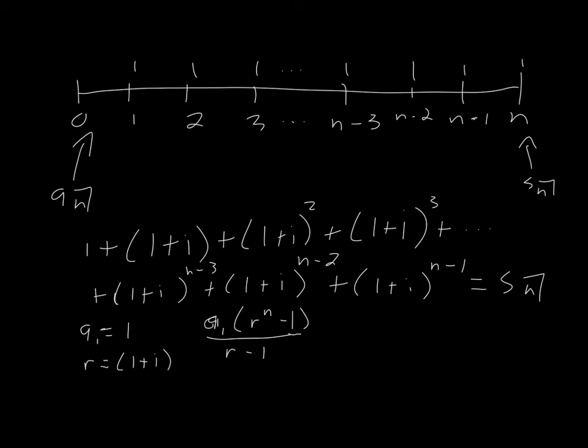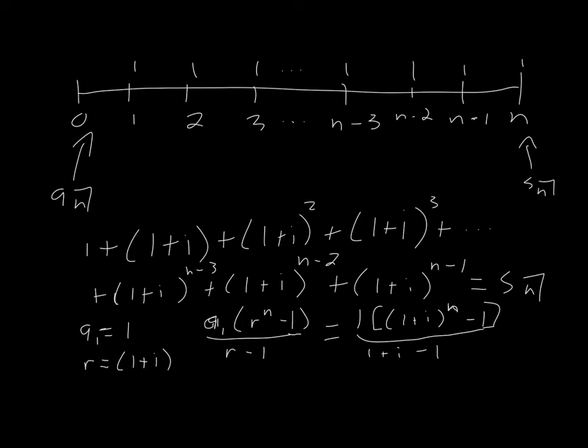So a1 in this case is 1, and r is 1 plus i, raised to the n, minus 1, and that's all over, again, r is 1 plus i, and then minus 1.